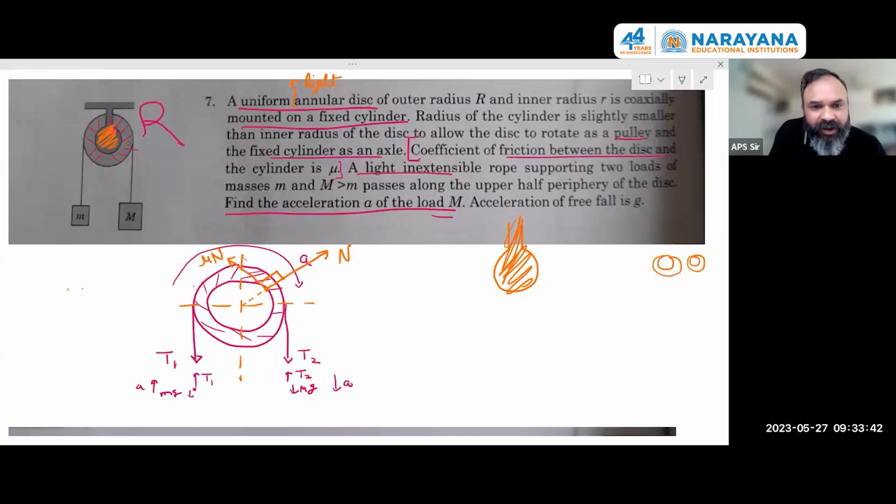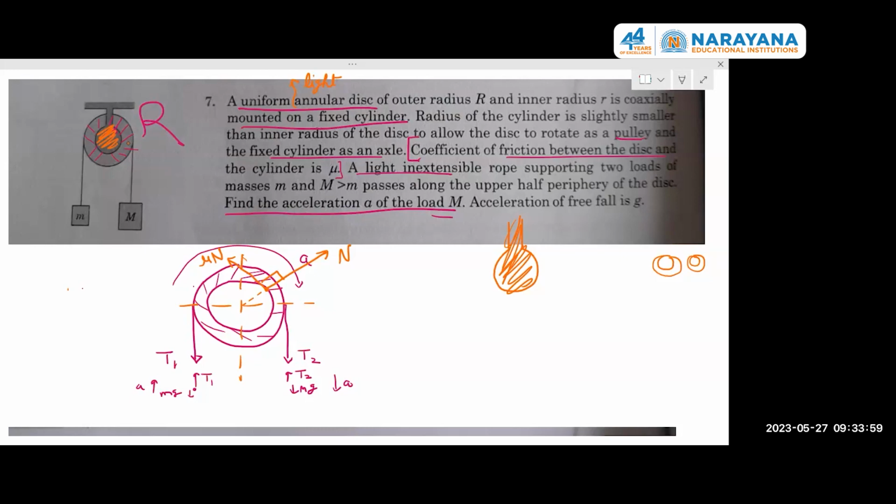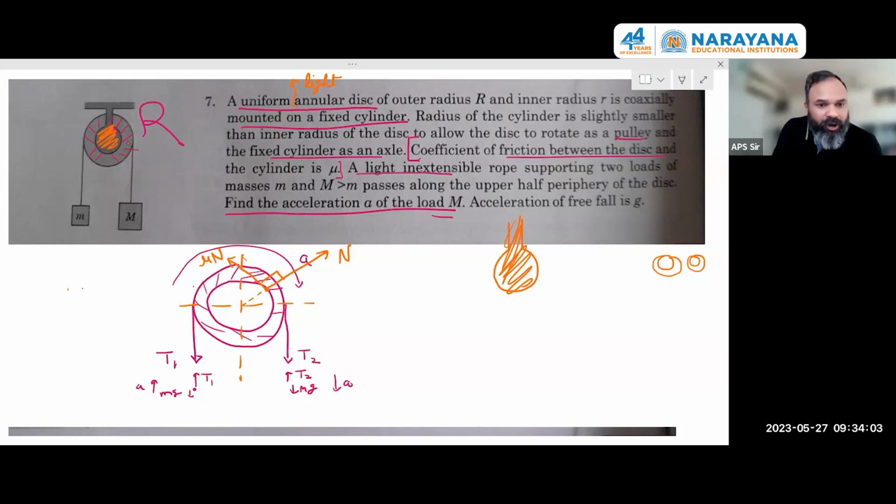Why does this contact happen here? If this contact is anywhere else, the free body diagram for the annular disk cannot be balanced. You can check that. If you look into the X balance, the X is balanced because these T's are vertical. If you go in N and mu N, you have components. If you go into the third quadrant, your N is somewhere here, they cannot be balanced. And in the fourth quadrant, even if N and mu N can be balanced, the vertical forces cannot be balanced because everything will be vertical.